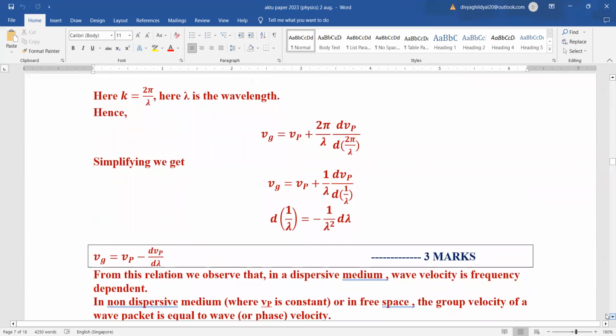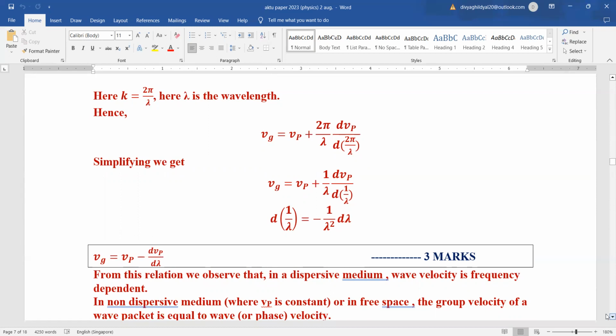Hence, Vg is equal to Vp plus 2 pi by lambda into dVp upon d(2 pi by lambda). Simplify the expression and write it in a simpler manner as Vg, that is group velocity, is equal to Vp, that is phase velocity, minus lambda dVp by d lambda.